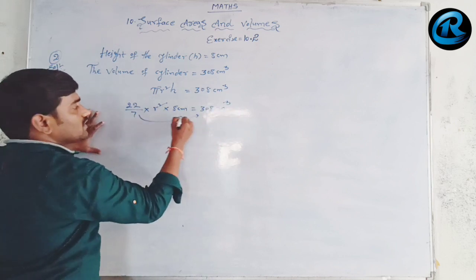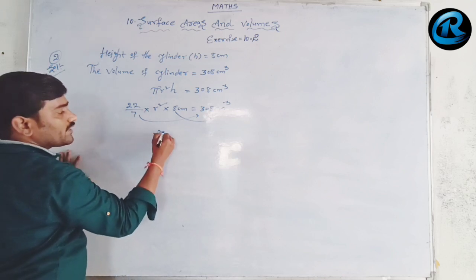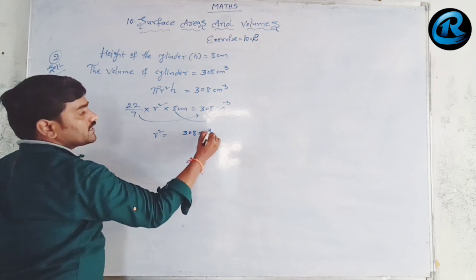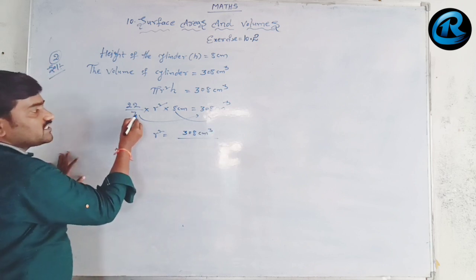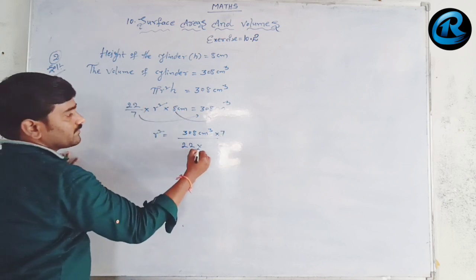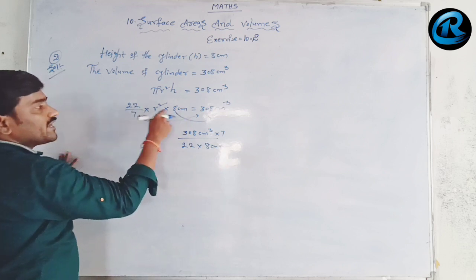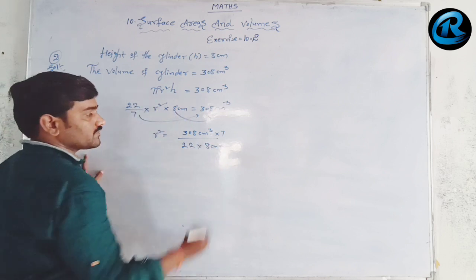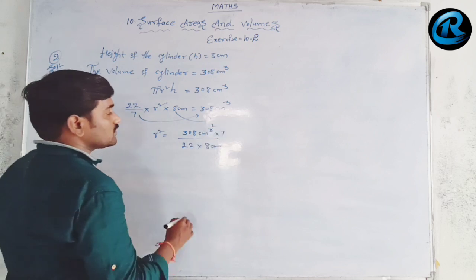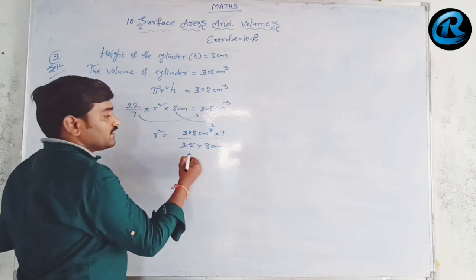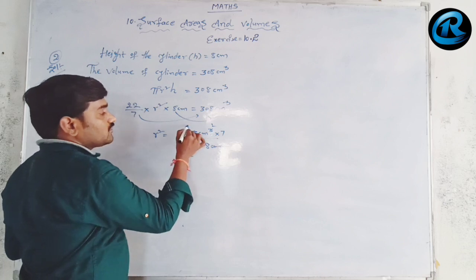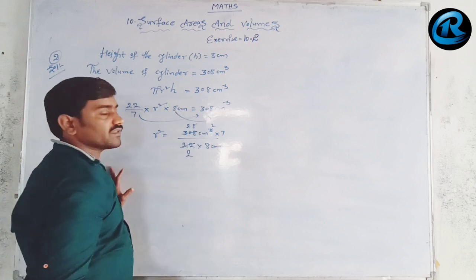The known values we transfer to the other side. So we get r square equal to 308 centimeter cube by 22 and 8, where the 7 is divided, so it will multiply, and the multiplication terms become the divisor. Here one centimeter is cancelled, and two centimeters will be left over. In the 11 table, 11 2s are 22, 11 8s are 88.